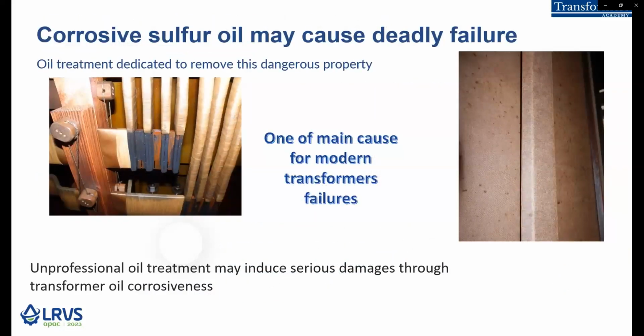Corrosive sulfur is one of the main causes of failure in transformers, especially modern transformers all over the world, and especially the highest power transformers, which are normally more expensive. And we need to check to know which method to apply to remove these properties that may affect the transformer.